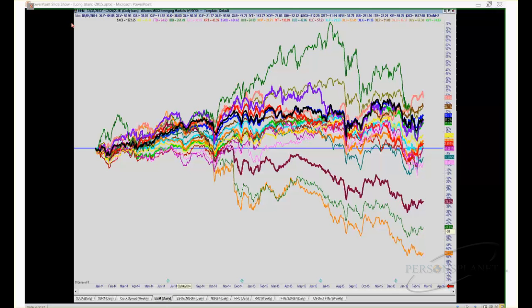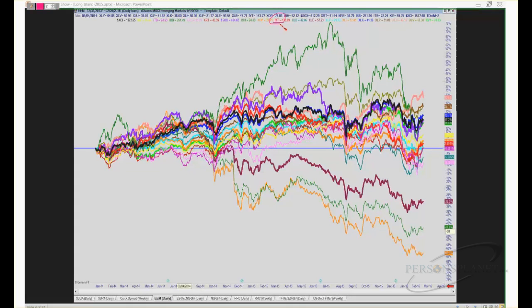Some sectors started to cave, but the majority of sectors had already started to peak out. In fact, it might be hard to see here, but if you look at this red color here, transportation, IYT, it actually started to peak out back in November of 14. That was its peak, and it's been going down ever since. It just didn't start to crash.